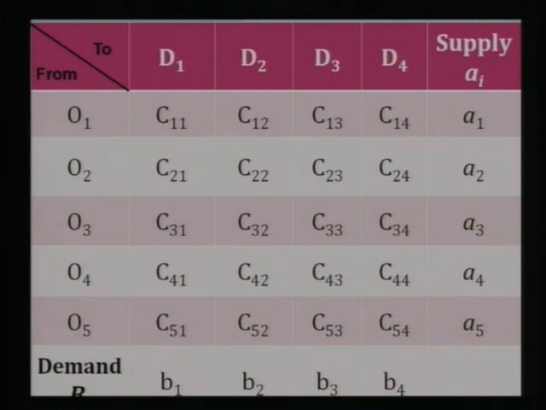So we select a cell. First of all, the cell 1 2, as you can see that yellow spot, C12 is selected. Next I want to select C14. Then let us go to the next cell, C54. Next, C51.